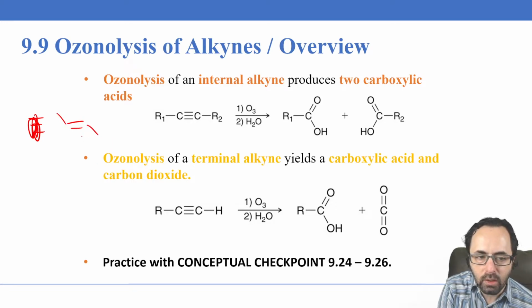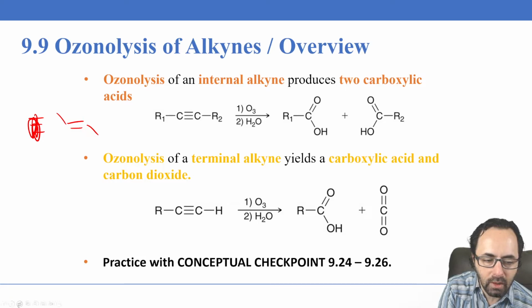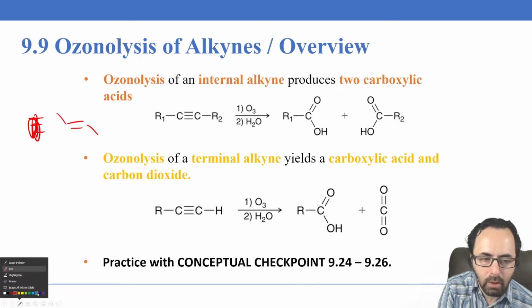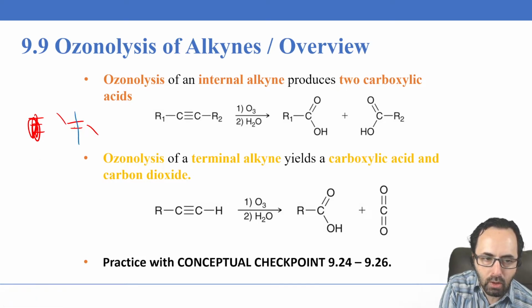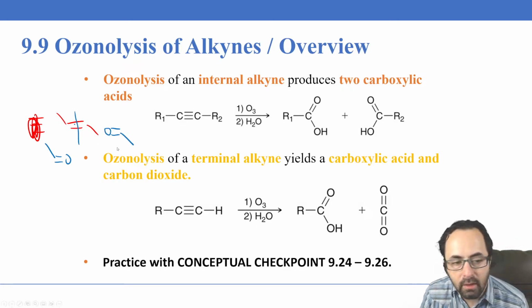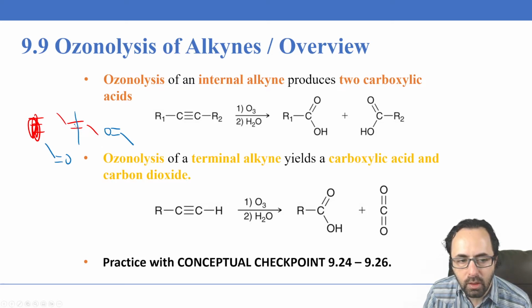when we did ozone, what we did was we chopped the bond in half, and then we made a double bond to oxygen over here, and a double bond to oxygen over here, right? And so we chopped the bond, and for each of those carbons that was involved in the carbon-carbon double bond, they now have a double bond to oxygen.